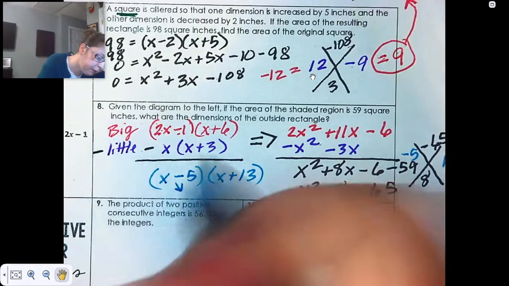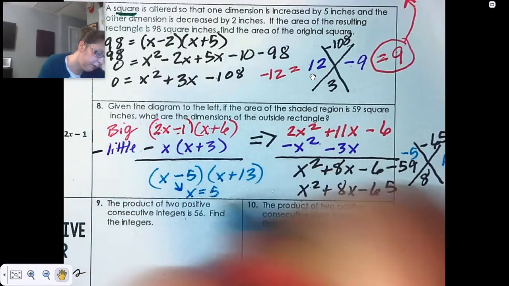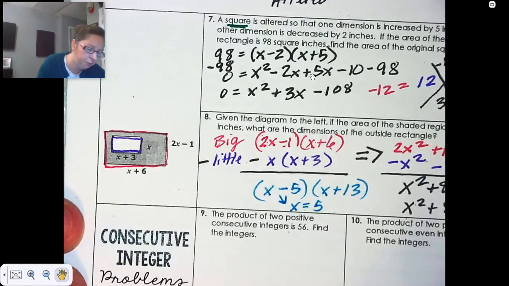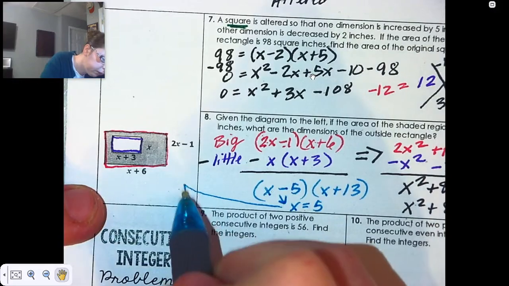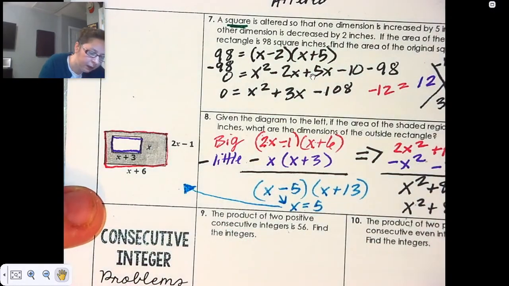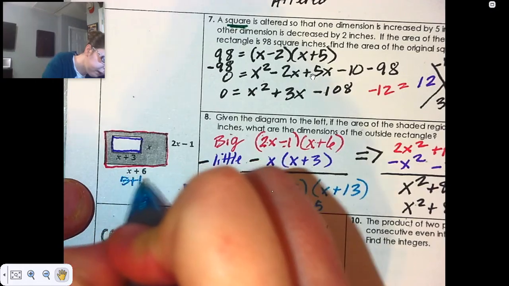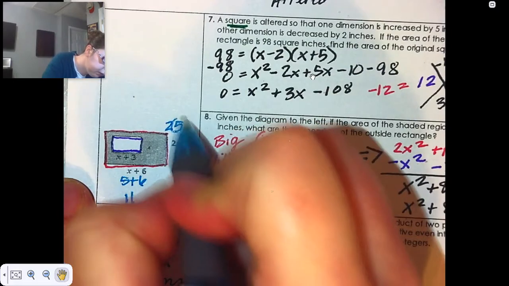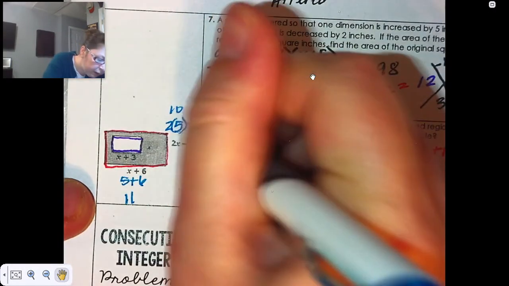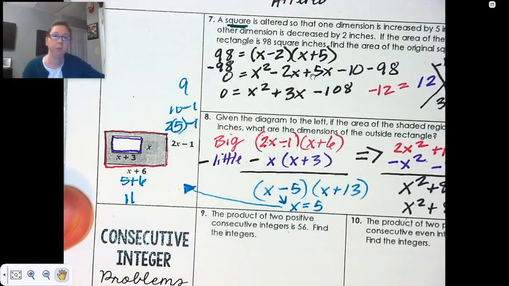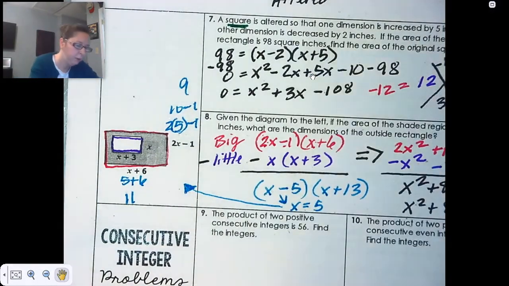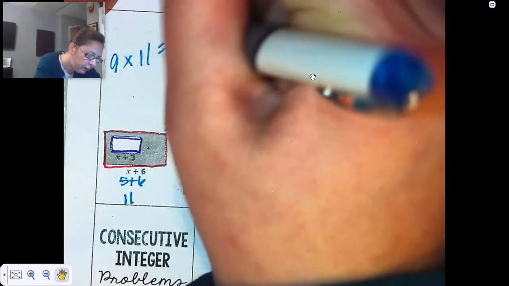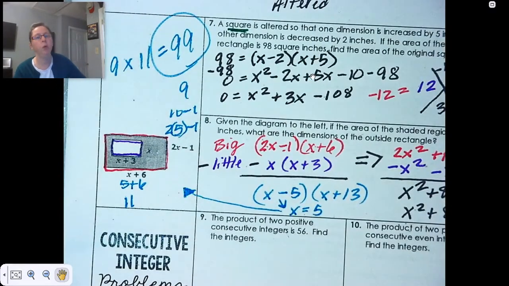So that would be x equals 5. So now I'm ready to put this into the picture. I'm going to do 5 plus 6 and get 11. And then I'm going to do 2 times 5, which is 10, and 10 minus 1, which is 9. So now to find the dimensions, I would need to do 9 times 11, and that gives me 99. So that's my final answer for question number 8.